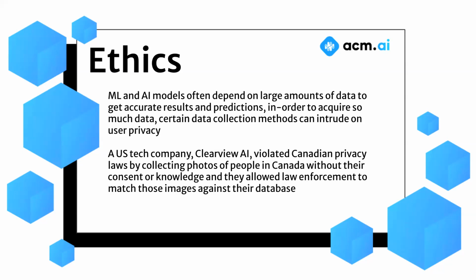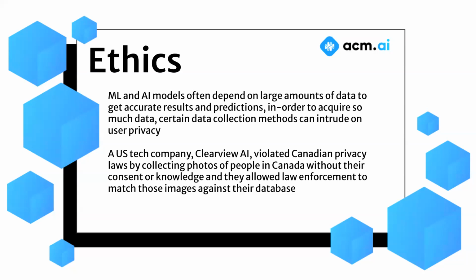And a reason why this is important is that ML and AI models often depend on large amounts of data to get accurate results. In order to acquire that data, certain data collection methods can often intrude on privacy.